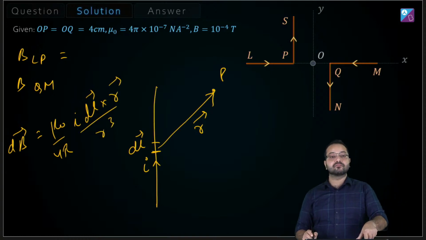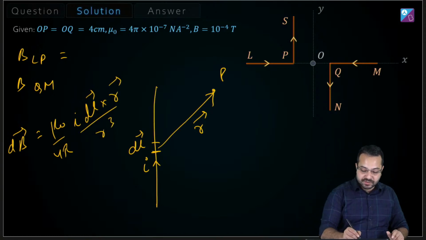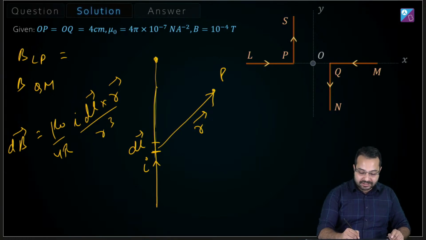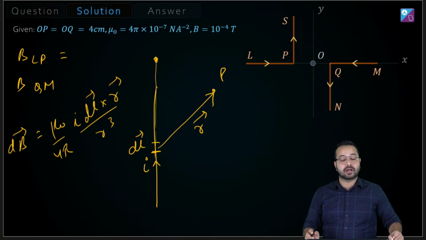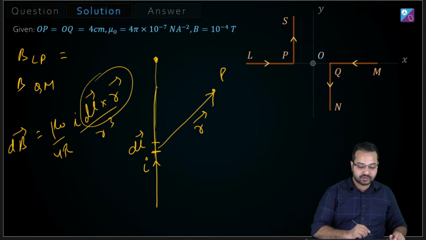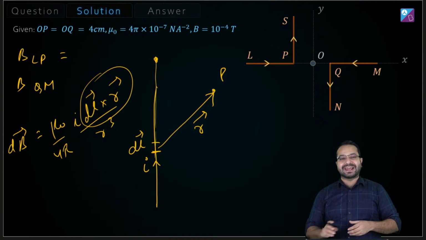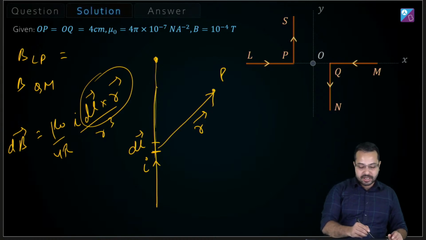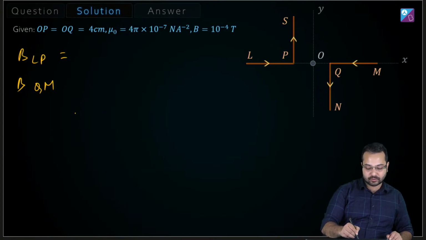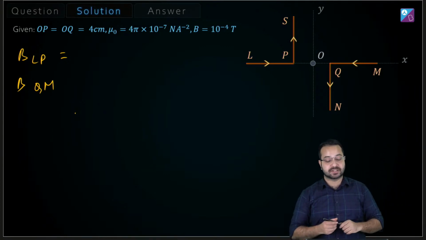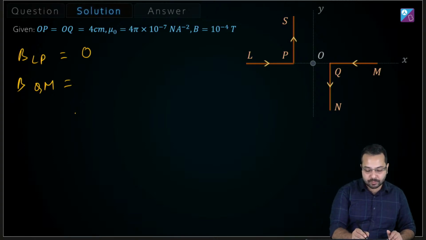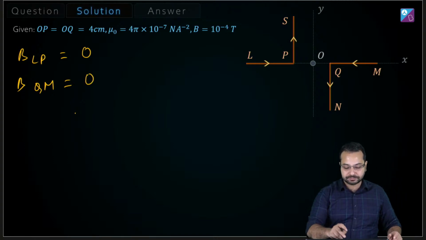Now if this point P is over here, then the angle between the length element and the position vector is going to become 0. Hence the cross product is going to become 0. So for any wire, if you have the point along that wire, the magnetic field is going to be 0. But remember the fundamental concept also. Because of the segment LP, it is 0. Because of the segment QM, it is 0.